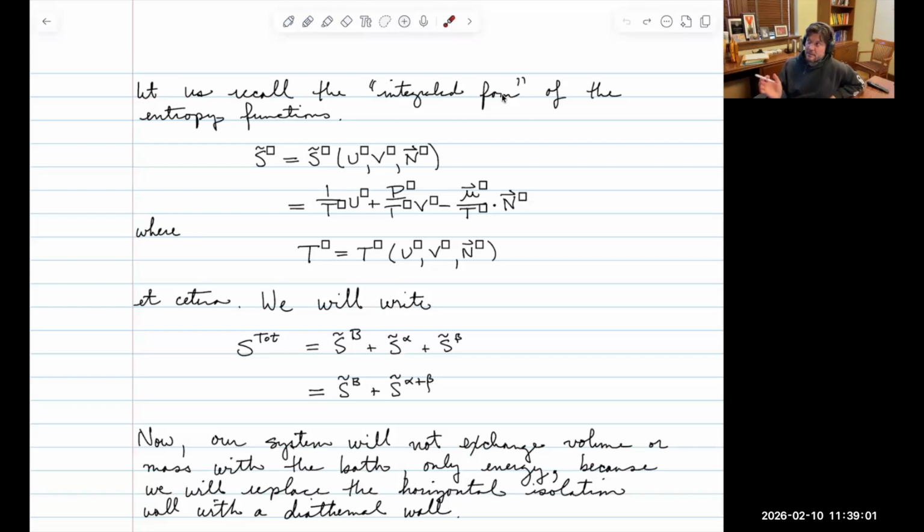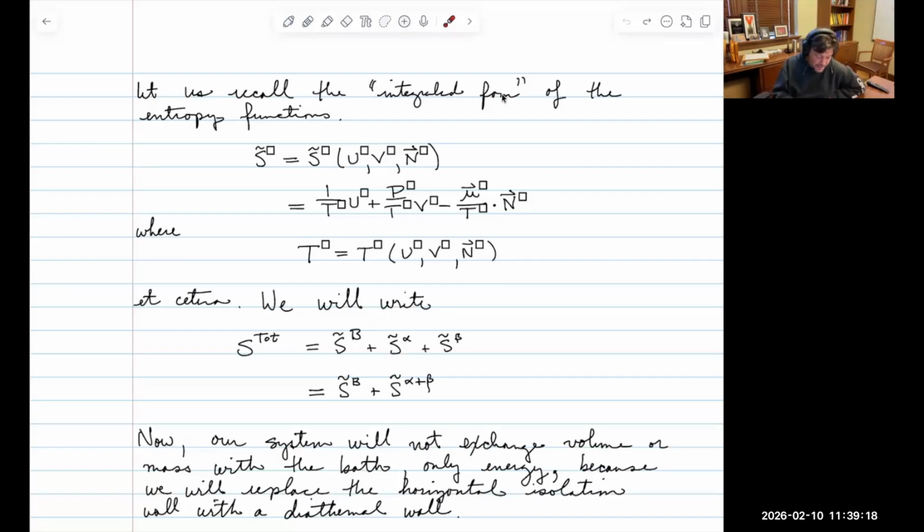So if you like, you can just think about it as being a single component species. And so this is just single n and the single chemical potential. But otherwise, there's a sum involved here. So this is what we call Euler's equation or the integrated form.